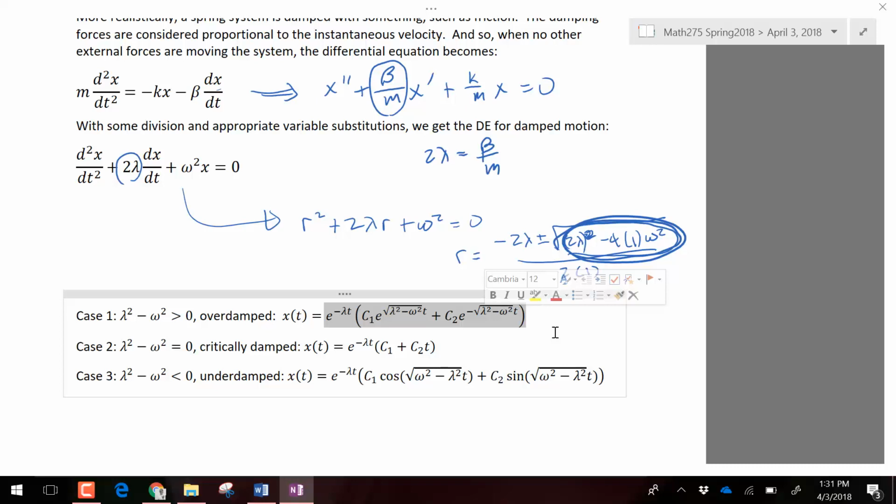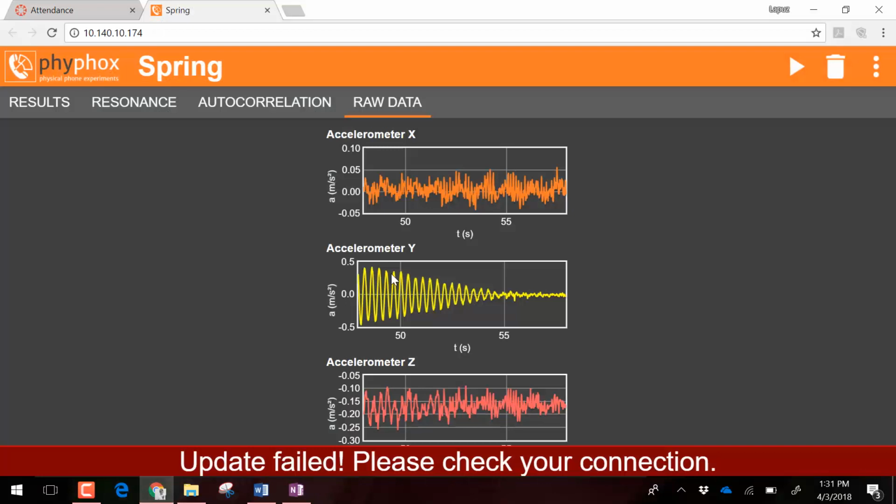Critically damped means it might go up once and then down, and then it'll dampen according to the exponential function. And if it's underdamped, then it's going to wiggle. It's kind of like that picture that we saw. Something like this would be an underdamped example.